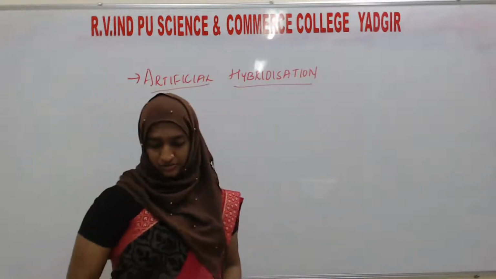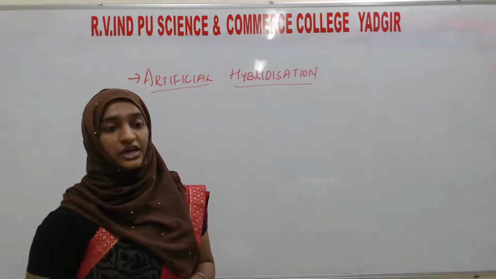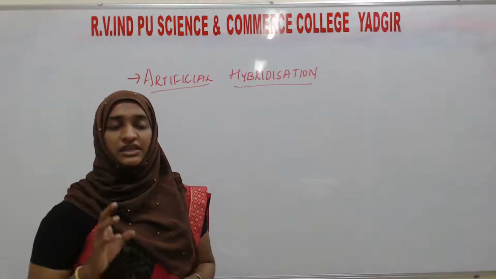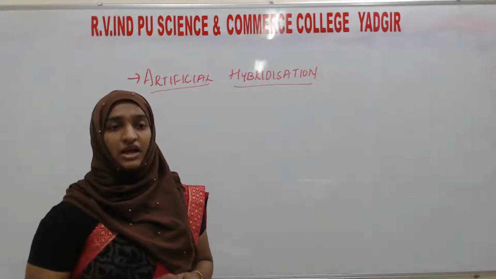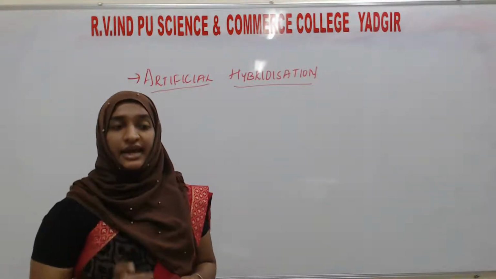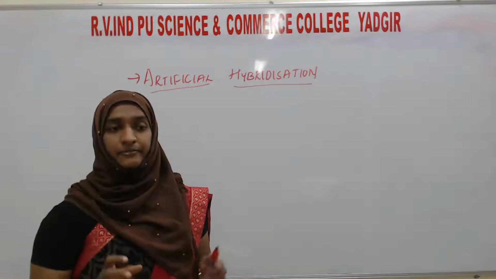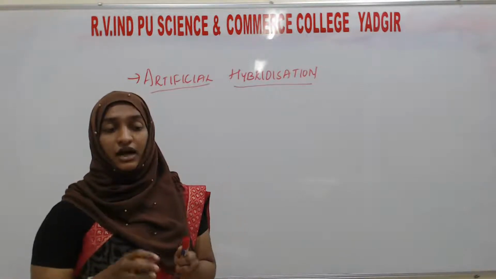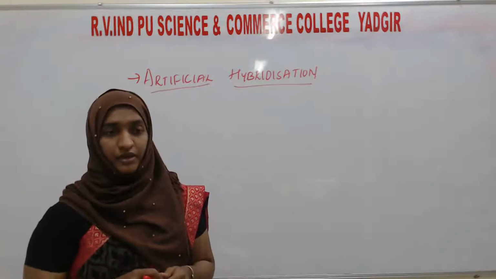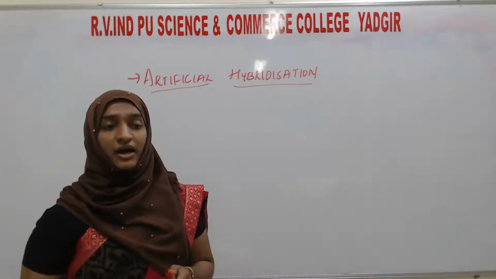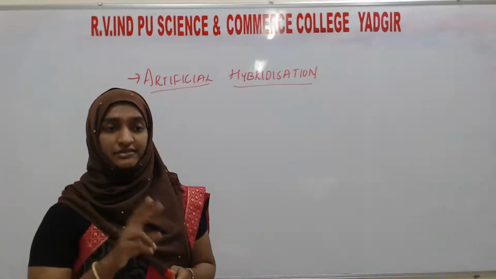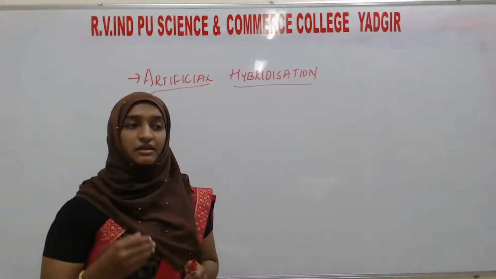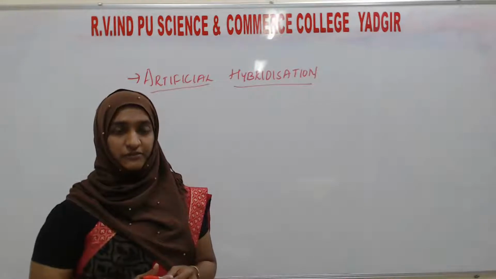Artificial hybridization. In the chapter Strategies for Enhancement in Food Production, you already studied what artificial hybridization means. In animals or in plants, two animals or two plants are artificially made to mate, due to which a new hybrid is produced. The two parents, male and female, either belong to the same species or to different species.